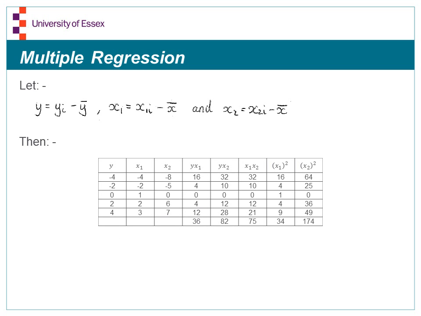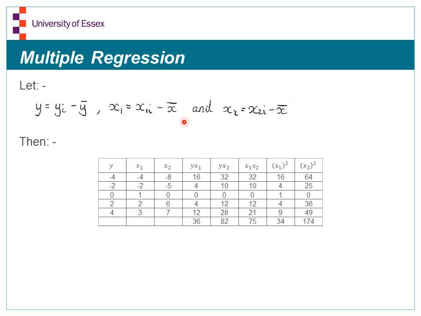And in that table, just to make the table titles easier to read so that the table fits on the page, I'm going to say y is equal to yi minus y bar, x1 is equal to x1i minus x1 bar, and x2 is equal to x2i minus x2 bar. So when I say x1 down here, I really mean this value here.